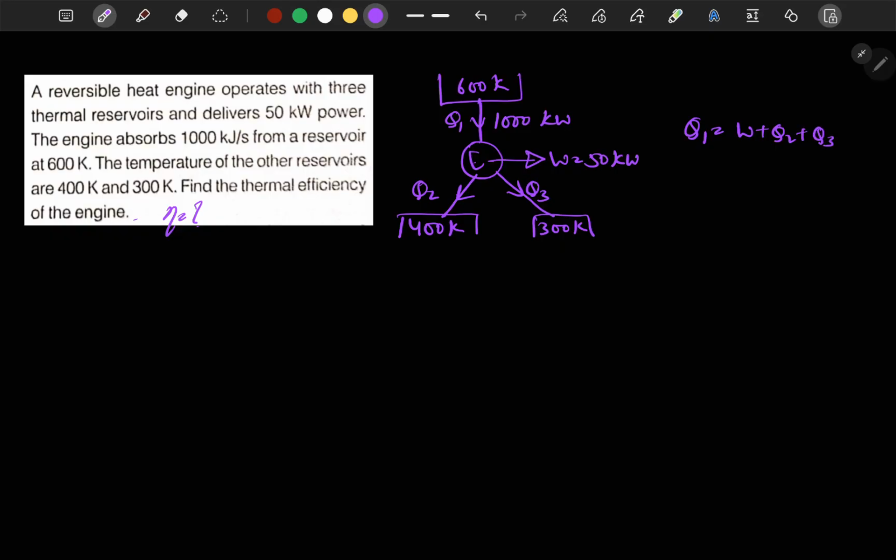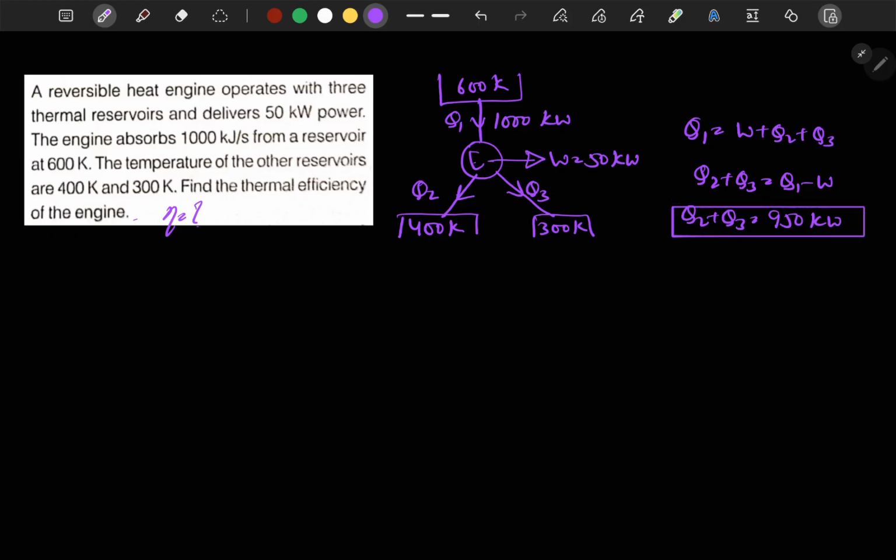So from here we can calculate Q2 plus Q3 is equal to Q1 minus W. Now Q1 value is 1000 and W value is 50, so we can write it as 950 kilowatt. So we know the value of Q2 plus Q3 is equal to 950 kilowatt.